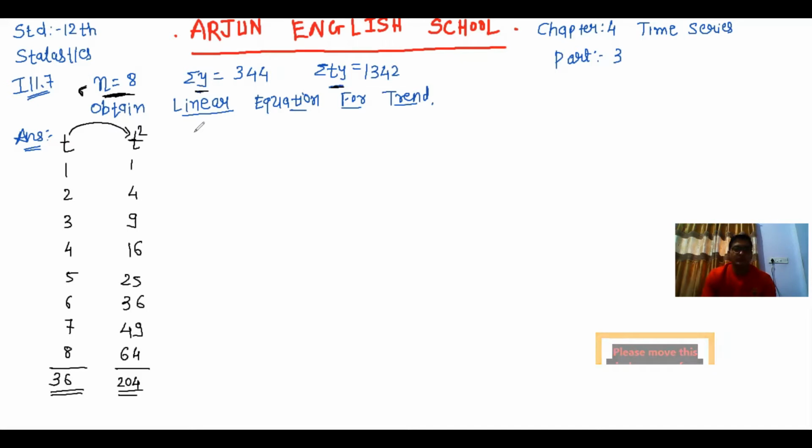On the basis of these two columns, we have to find out first of all t bar. Formula for t bar is equal to sigma t divided by n. So sigma t, total of t, 36 divided by 8, answer is 4.5.